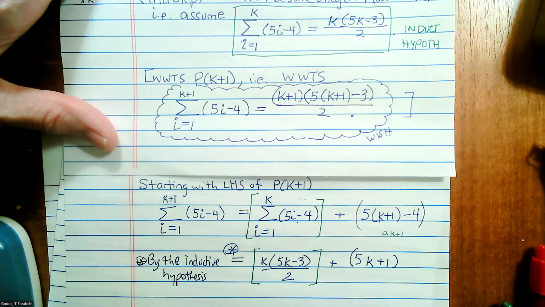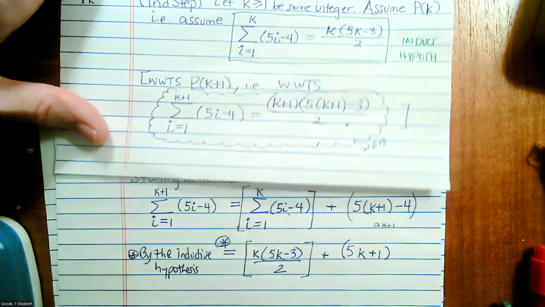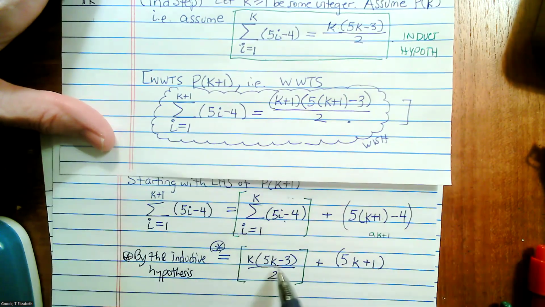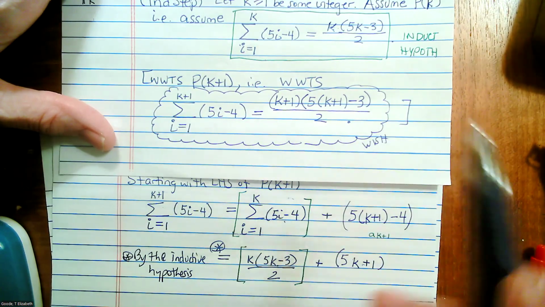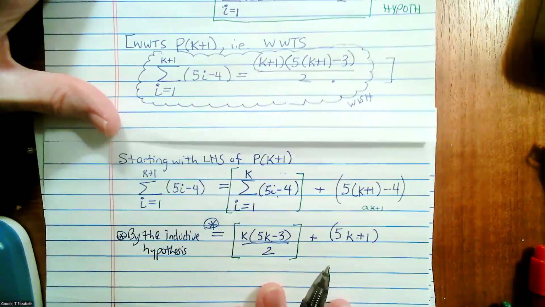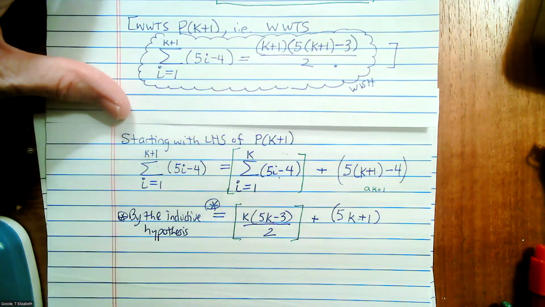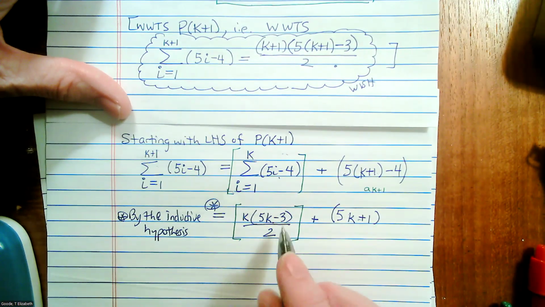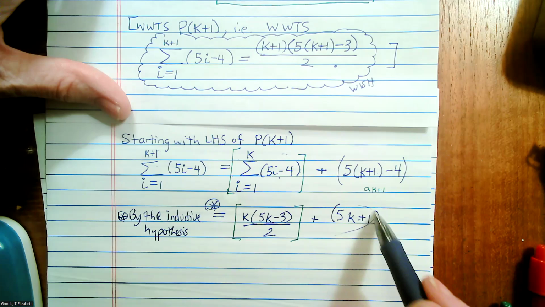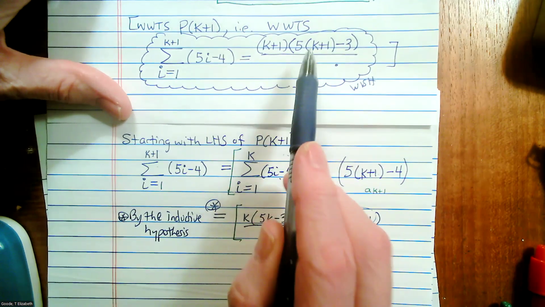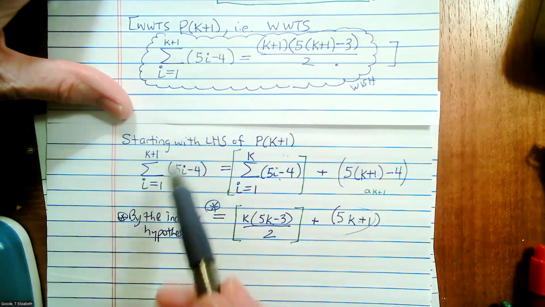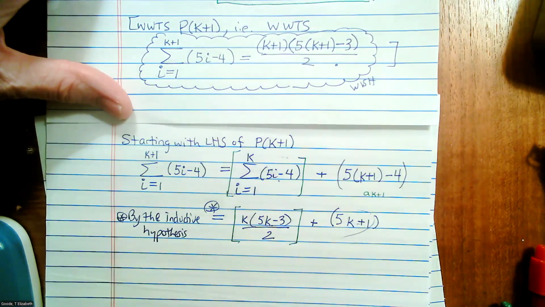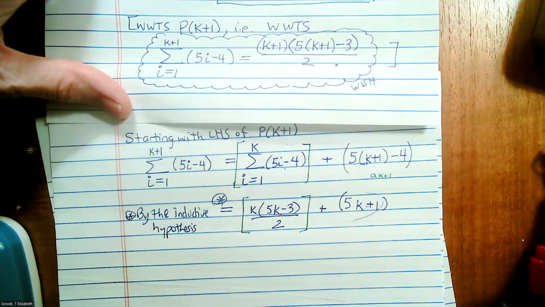All right. Now let's say you get that far and you have no clue how to get from this to what you're shooting for. I'm here to tell you this is the way to maximize your points. You can just say, I know I'm trying to get to the right-hand side of P of k plus 1, because we wanted to change the left-hand side into the right-hand side, but I have no clue, or I'm running out of time.